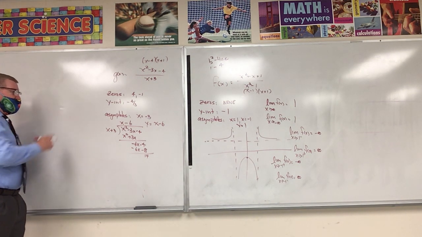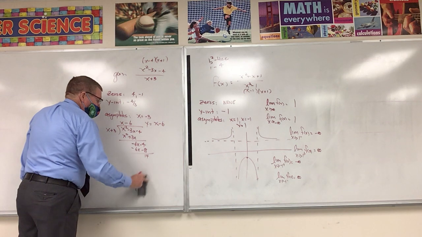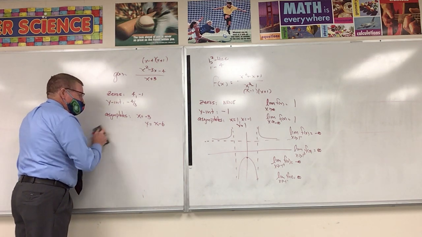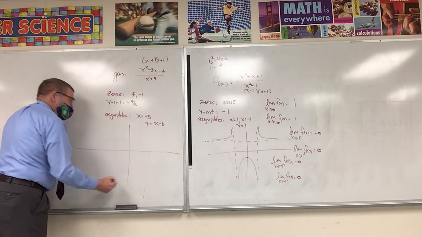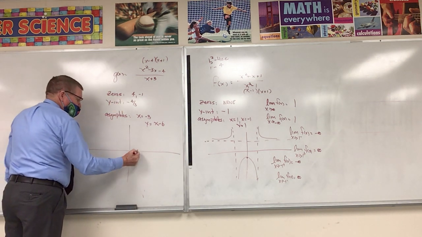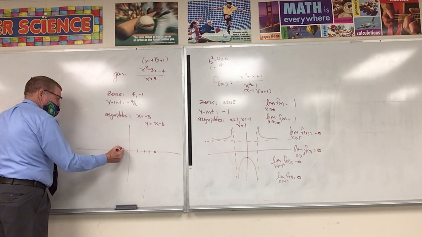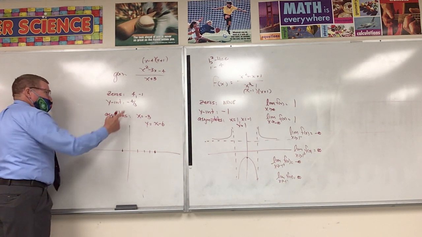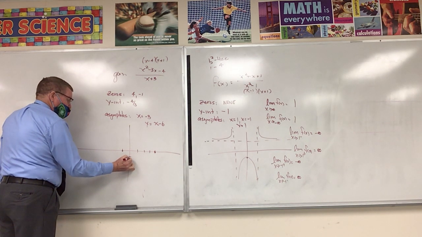Zeros, y-intercept, asymptote, slant asymptote. Any other information I need? Zeros are 4 and negative 1. Y-intercept: negative 4/3.